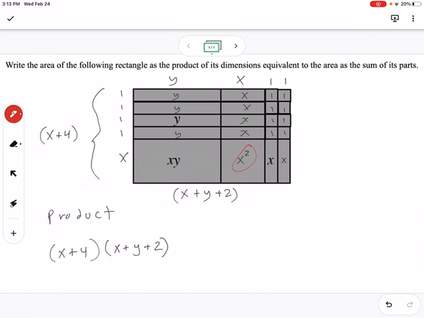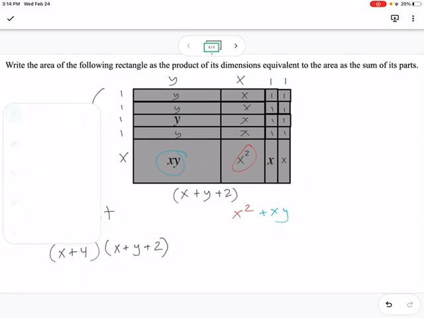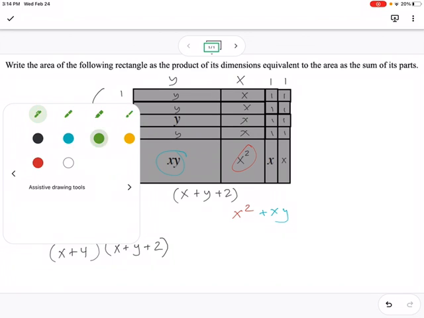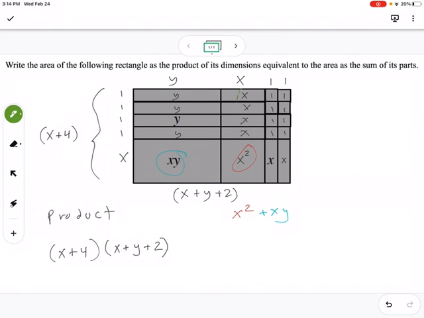So I'm going to put that together. So we have an x squared. And then we have only one xy. We have a bunch of x's. There's 4 of them there, and there's 2 more there, and I think that's all of them.